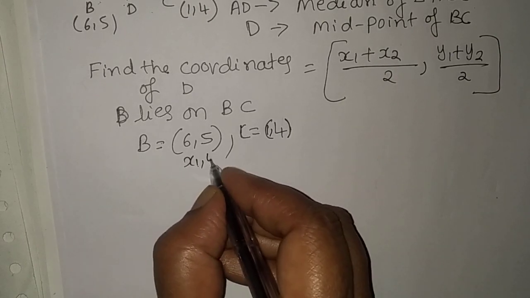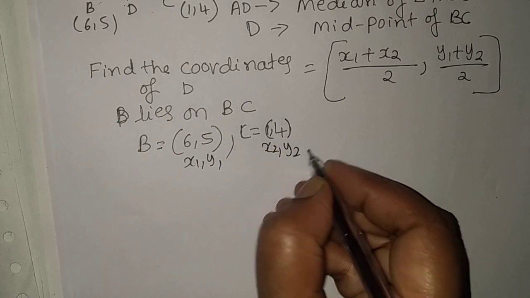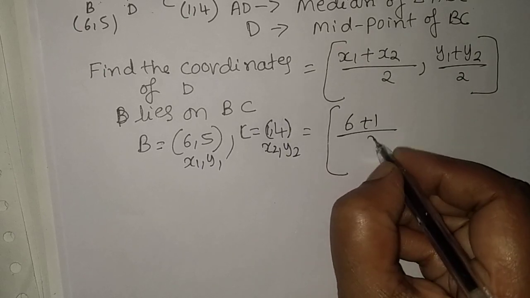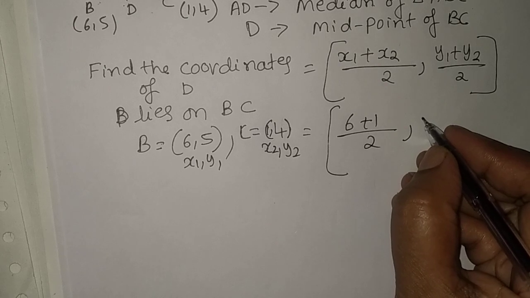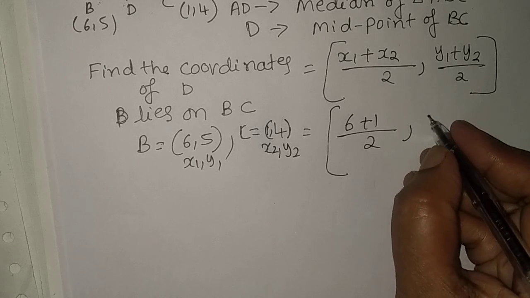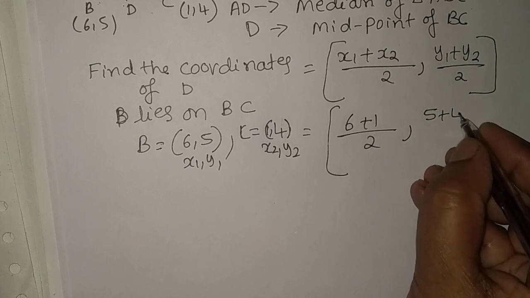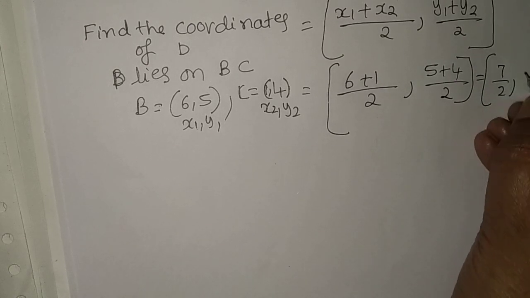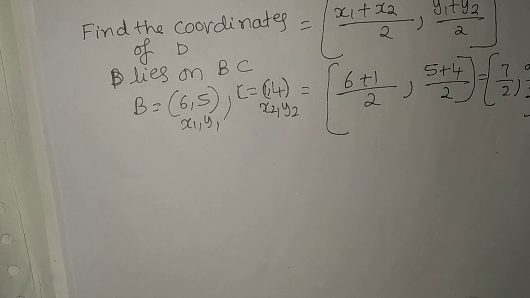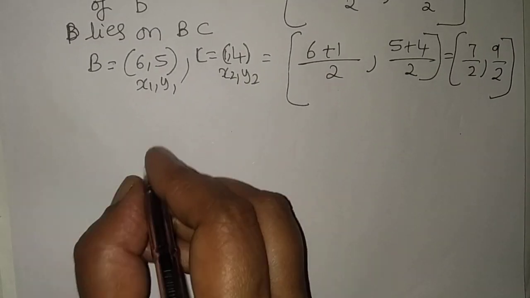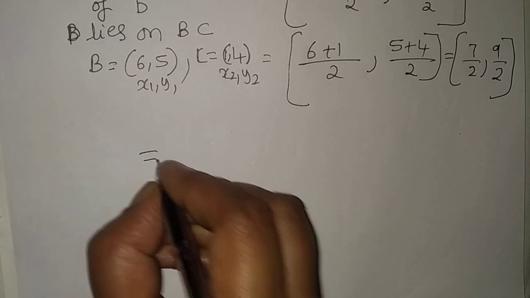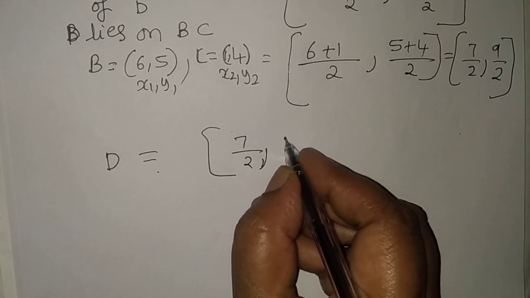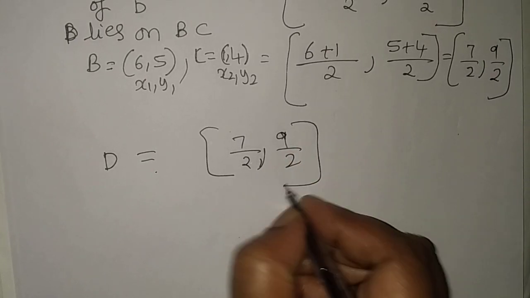Now this is x1 y1, this is x2 y2. Now substitute the values here. (6 plus 1) by 2 and (5 plus 4) by 2. So now we'll get 7 by 2 and 9 by 2. So this is the first part of the question. So what are the coordinates of D? (7/2, 9/2) is the answer.